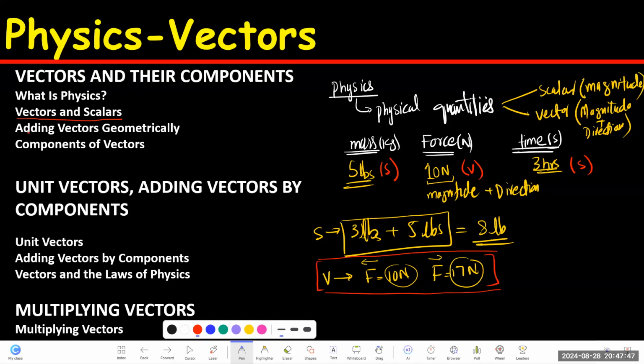So let's jump into how we can add vectors geometrically or graphically. That's the key here.